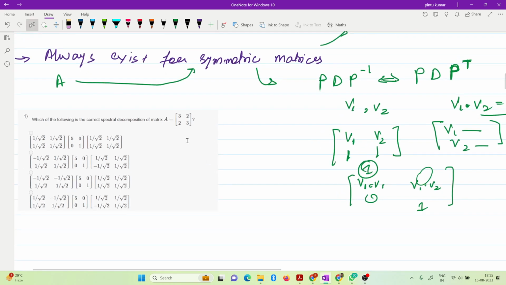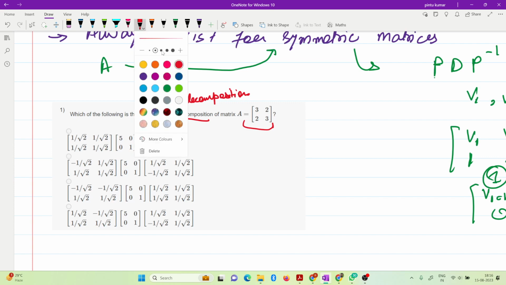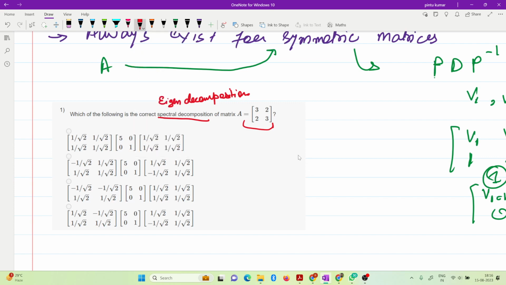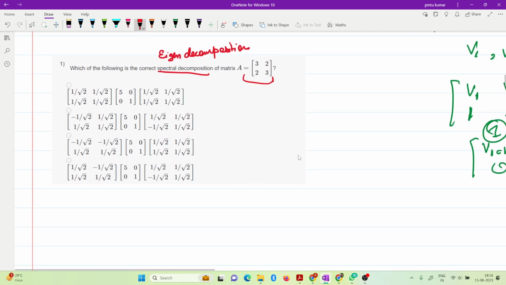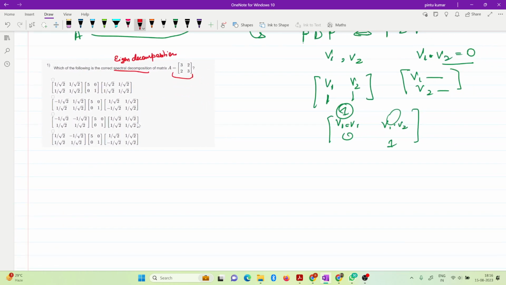So here is a question very much related to one that is given in your assignment. I think only the matrix structure is different over there. Everything else is the same. This spectral decomposition is another name for your eigen decomposition. We are given a matrix and we have been asked to find its eigen decomposition or spectral decomposition. So we need to do two things.